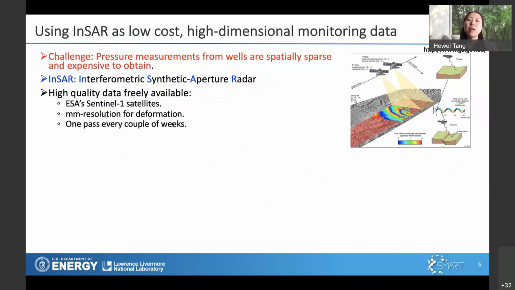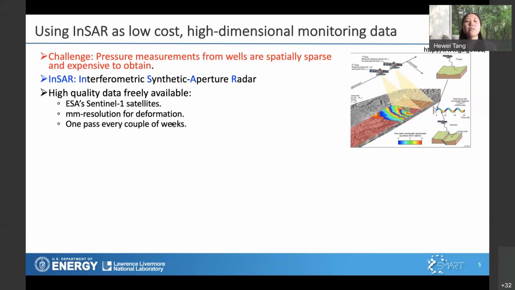In this workflow, our motivation is to predict the spatial distribution of pressure. Well, this is challenging since we usually have pressure measurements from wells that are sparsely allocated spatially, and they are usually expensive to obtain, especially for carbon storage projects.